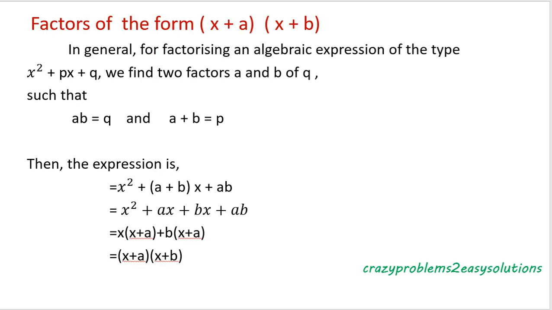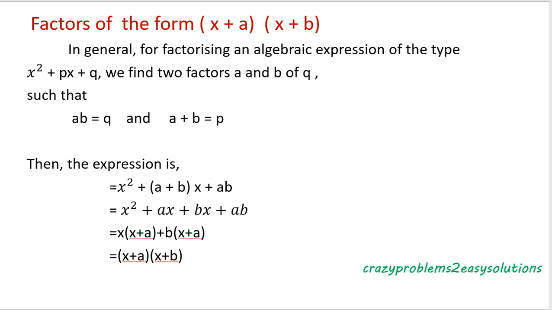Factors of the form (x plus a) into (x plus b). In general, for factorization of an algebraic expression of the type x squared plus px plus q, we find two factors a and b of q such that ab equal to q and a plus b equal to p.